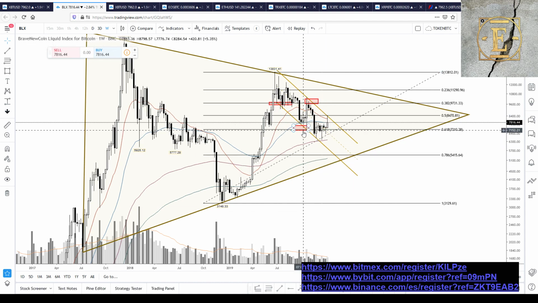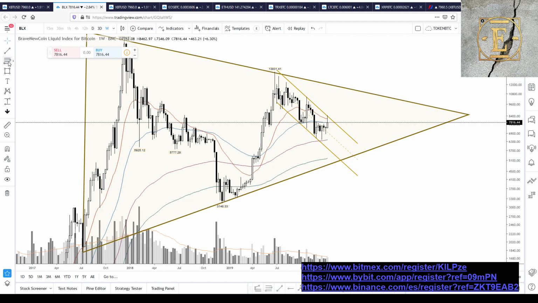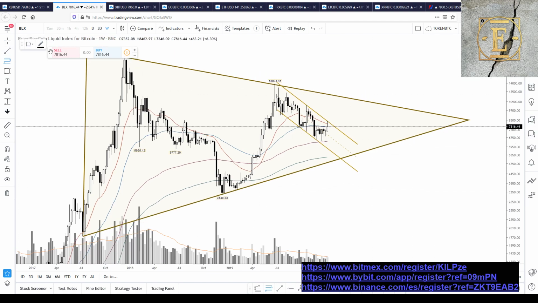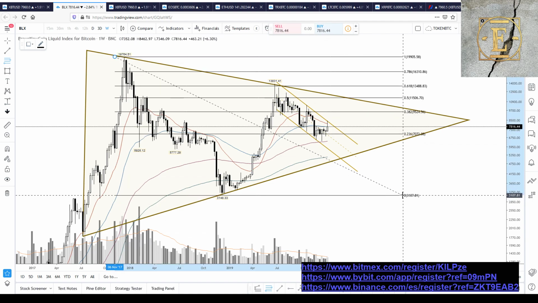Okay, the same on the other side, but we need to draw upside down if we want to know the retracement of this peak from this valley.